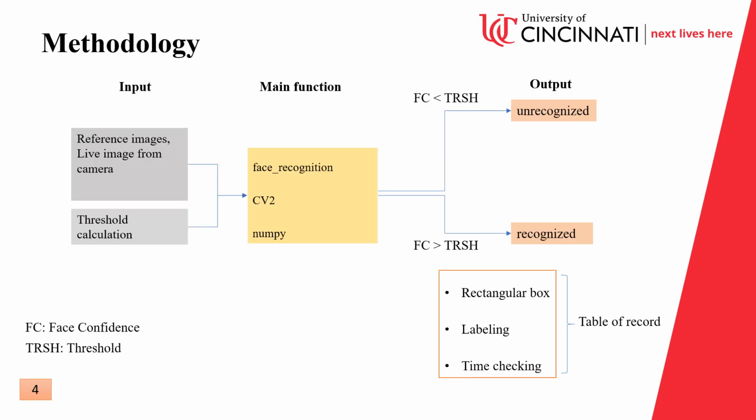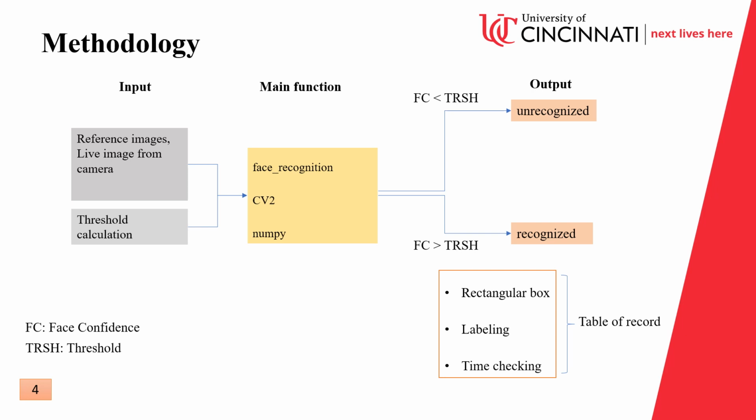Well, in this slide, you can see our methodology and how our algorithm will work. As you can see clearly, we have three major parts: input, main function, and output.